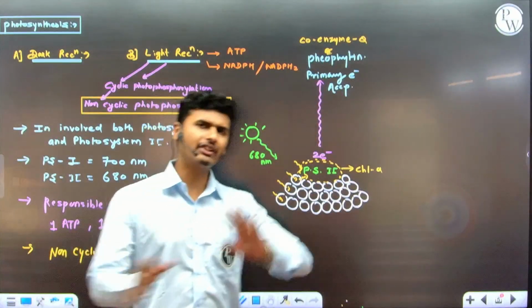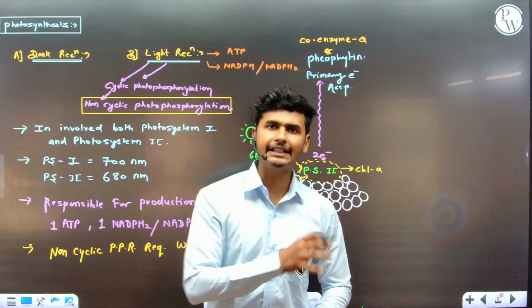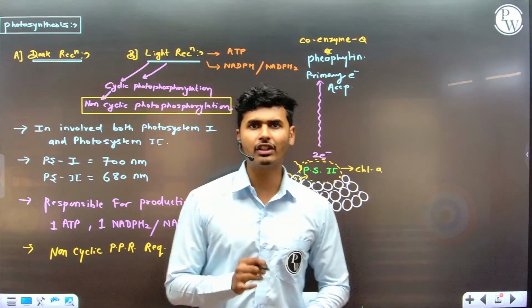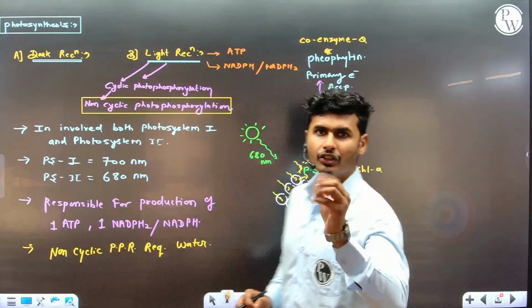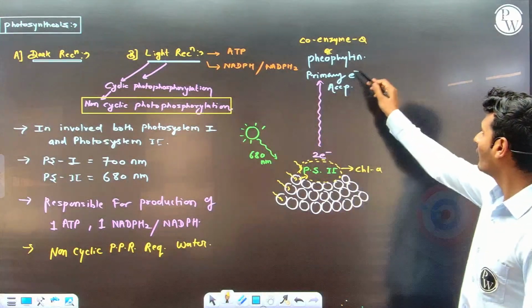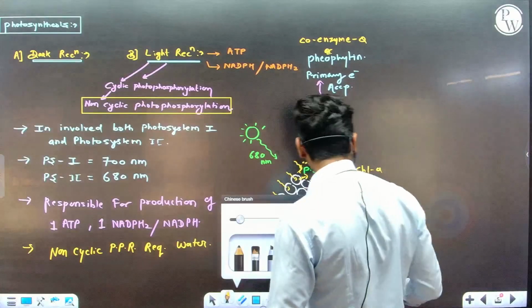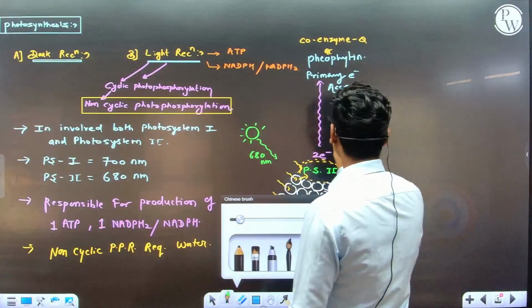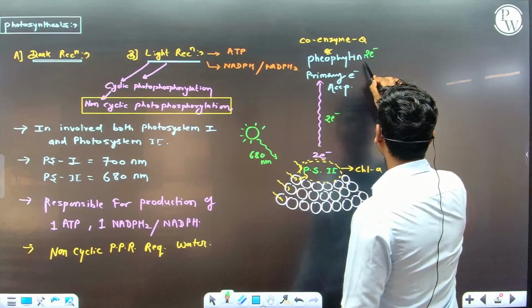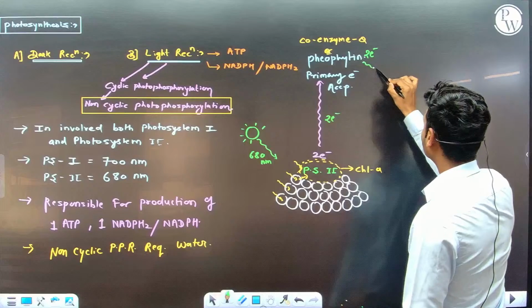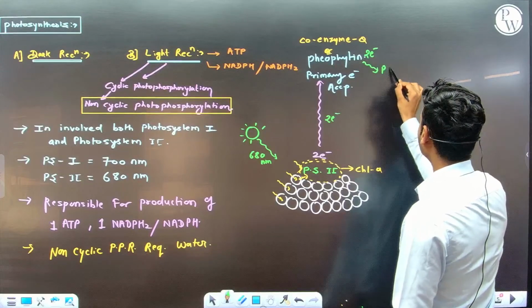If the question is asked in the NEET examination, which is the first primary electron acceptor in case of PS2, then your answer should be phosphorylated. Now 2 electrons are accepted by phosphorylated. This phosphorylated transfers these electrons to the PQ.